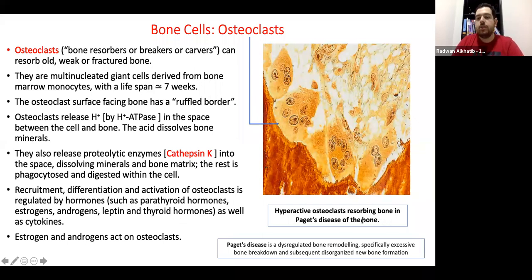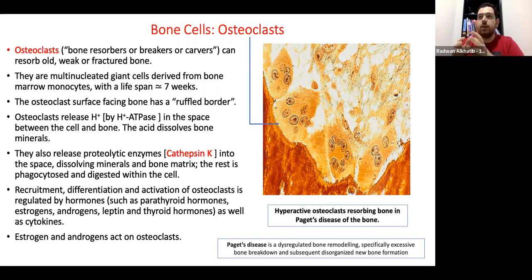Here Dr. Rasool is just mentioning an example, Paget disease. This is a disease that usually affects older adults, people in their 60s and 70s. It's basically where these cells become unopposedly activated. They become activated a lot and start destroying lots of the bone.